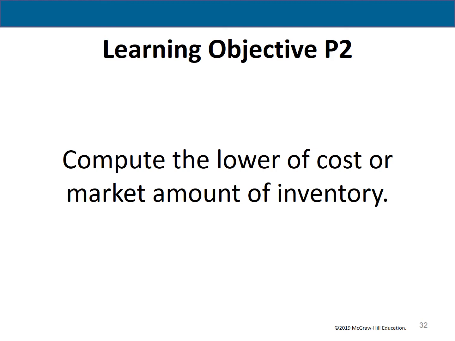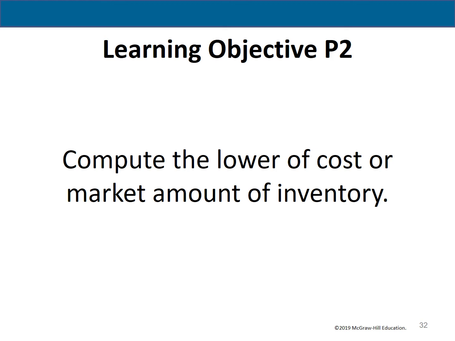When you pick an inventory removal method, you must stick to it. You can't just go, oh, I'm feeling FIFO-ish this year, and change. No. Okay, there are ways of changing, but it's very expensive and takes a lot of time. You just don't start using the new method. Okay, so this is where the consistency principle comes into play.